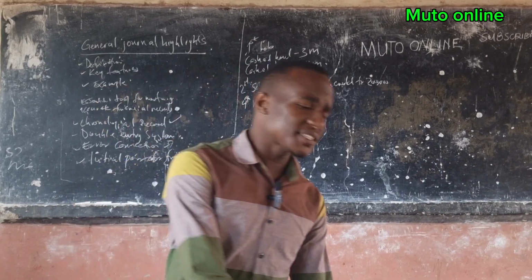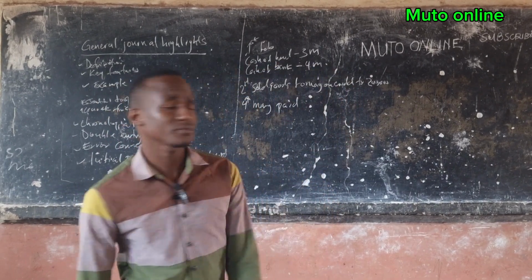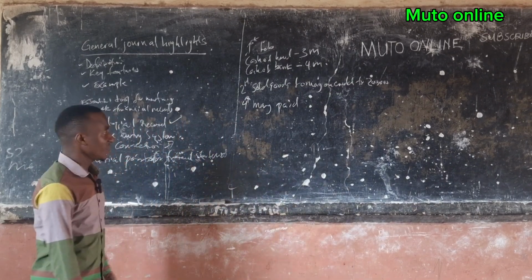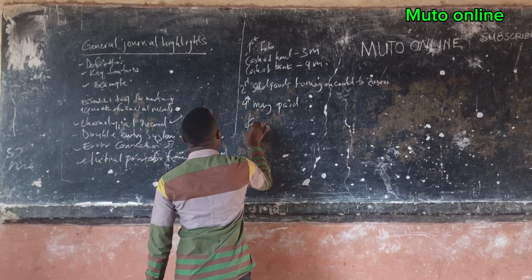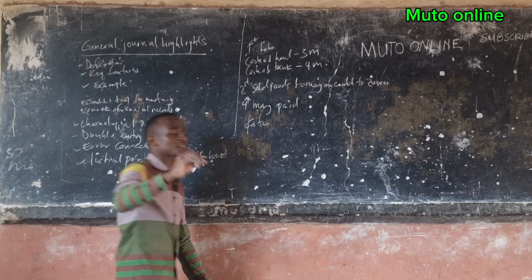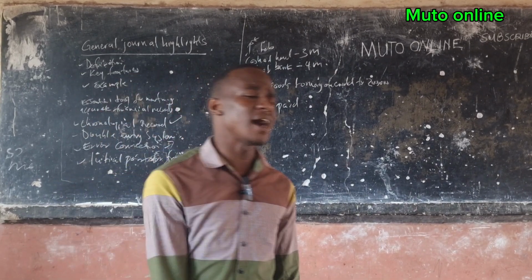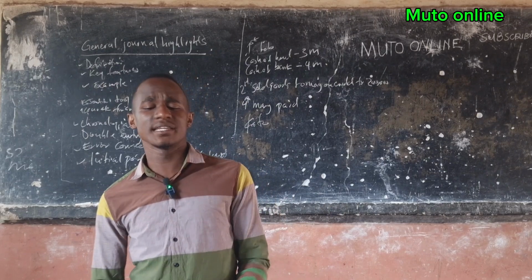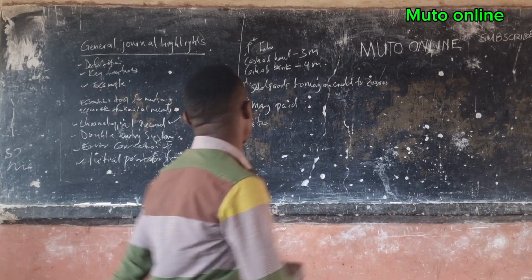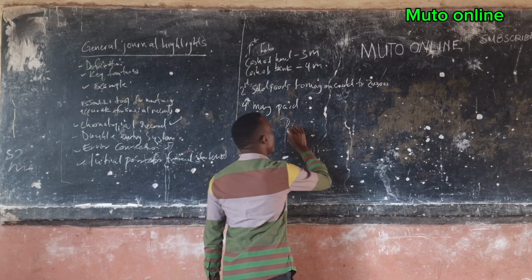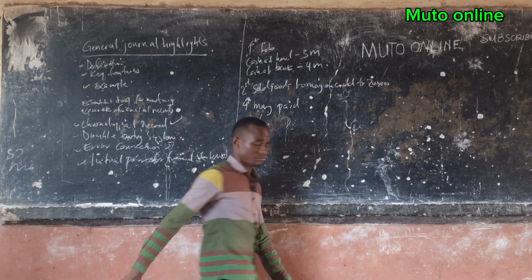So let's take an instance, still on the previous example, if Kato had purchased goods worth 2 million, but in this circumstance, Kato is purchasing goods on credit.